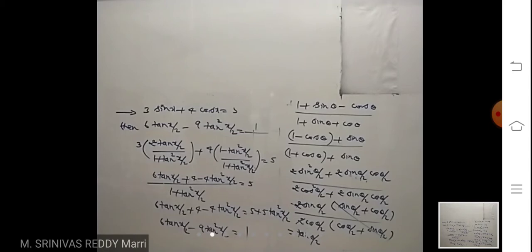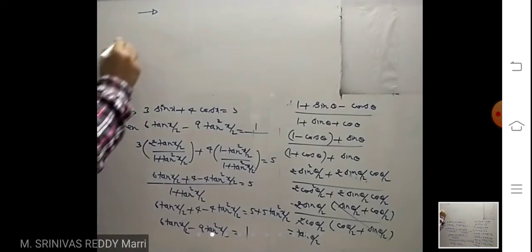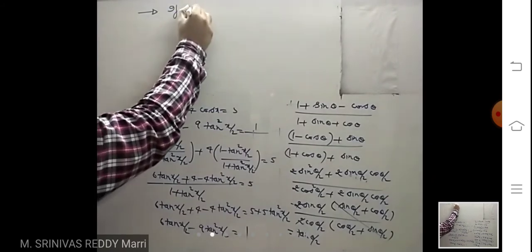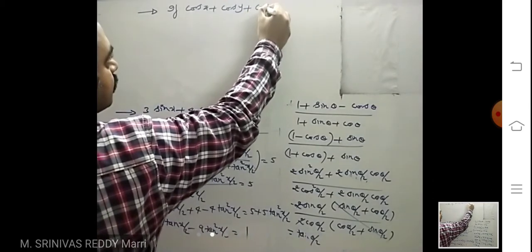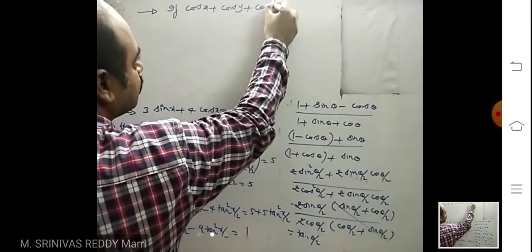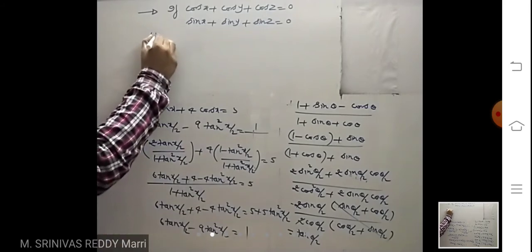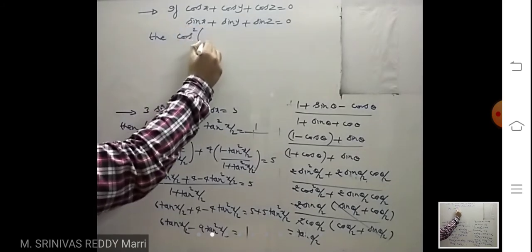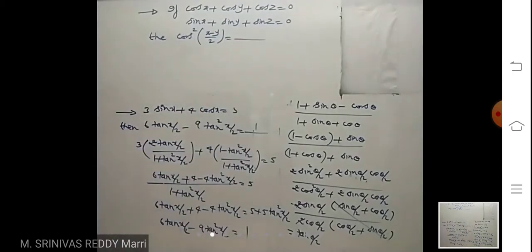Now take one more problem. Look at. If cos x plus cos y plus cos z equal to 0, and sin x plus sin y plus sin z equal to 0, then cos square of x minus y by 2 equal to dash.